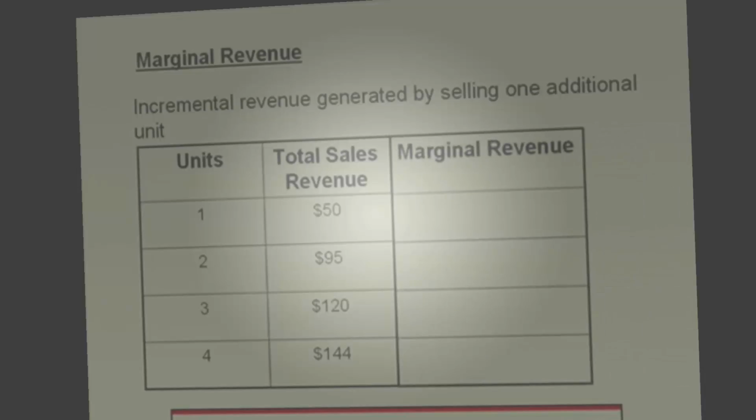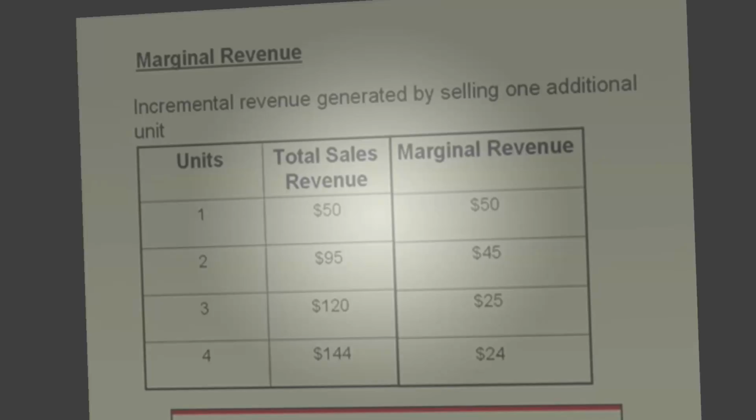The marginal revenue is, when you sell the first unit, it's $50. When you sell the second unit, the incremental revenue is $45. When you sell the third unit, the incremental revenue is $25. And when you sell the fourth unit, the additional or incremental revenue, which is also called marginal revenue, is $24.